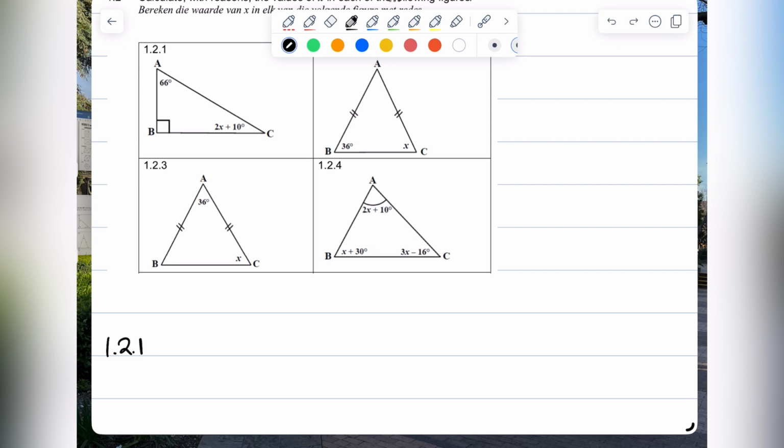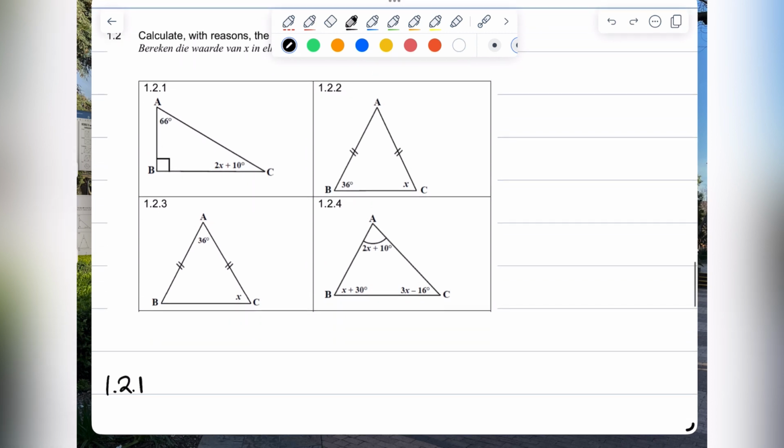Met ander woorde, as ek die drie hoeke van enige driehoek bymekaar tel, dan moet ek 180 grade kry. If I add up the interior angles of any triangle, my answer must be 180 degrees. Then the other property of triangles has to do with the exterior angle of a triangle, which we will look at a bit later.